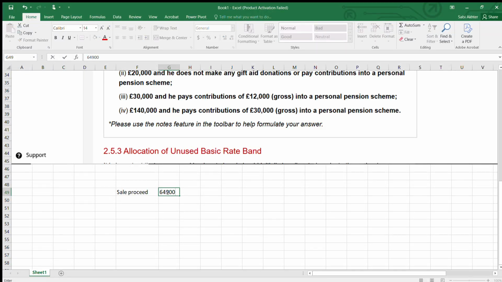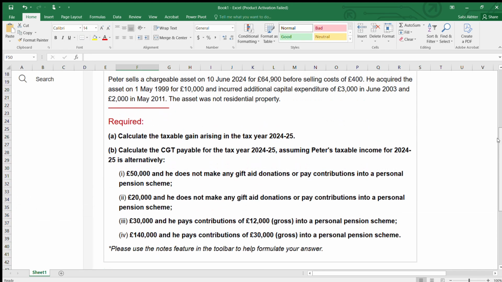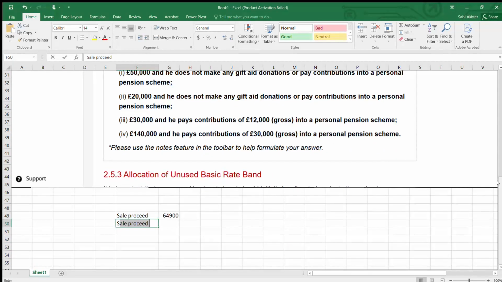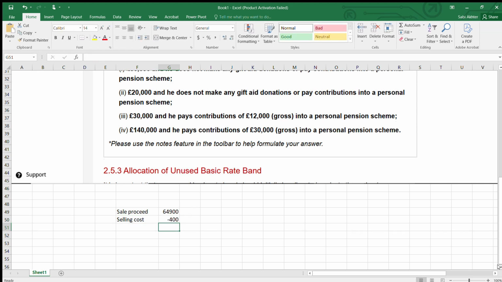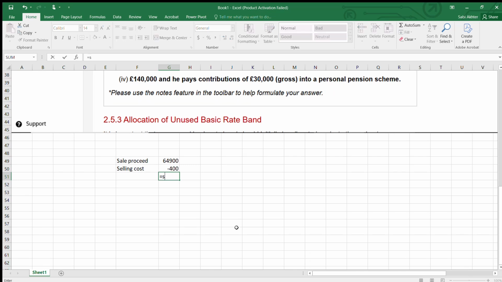Now you will be deducting your selling cost, 400. So now let us do the sum function and find the net sale proceeds. This is your net sale proceeds.